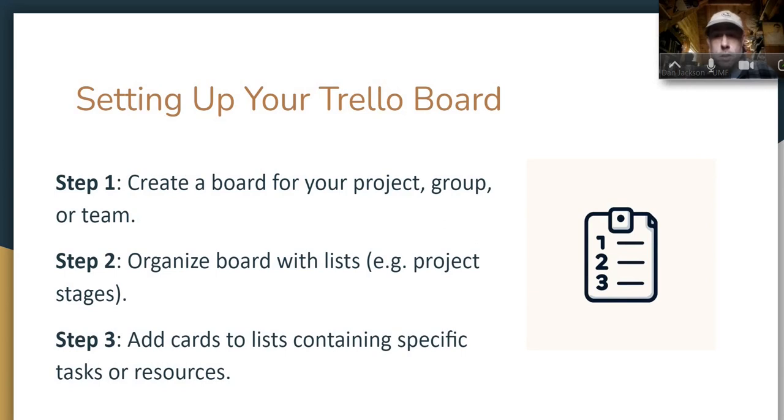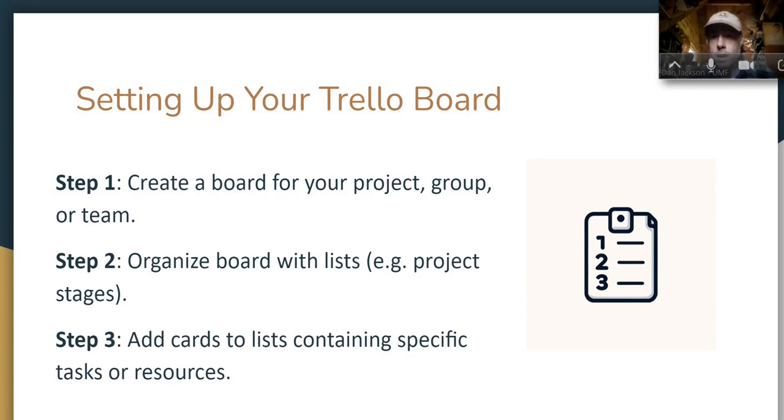How do we use it? Well, it's pretty basic as far as the concept goes. Set up a board. So you might do a board for a project, or you might do a board for a reading group, for example. And so you could have multiple boards for multiple groups, multiple teams, multiple projects.